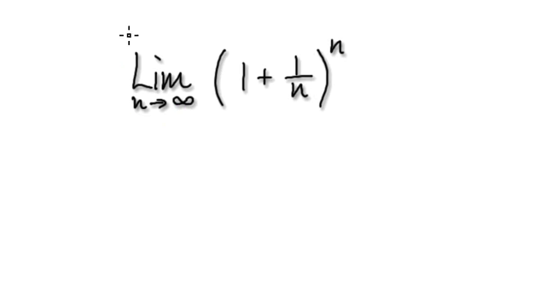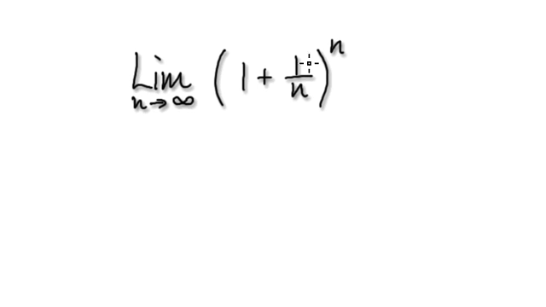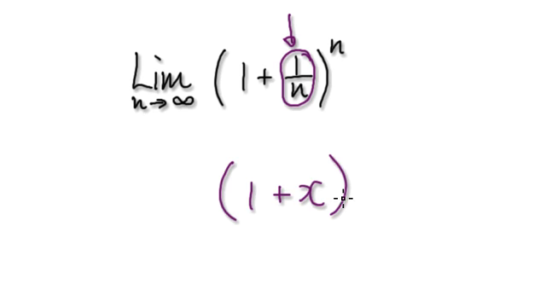Let me start again here. Our aim is to rewrite this in a new form. We want to write this thing here as an x, so let's do it like this: 1 plus x. Now we've got to tie the two together, so we're going to have 1 over n equals x.